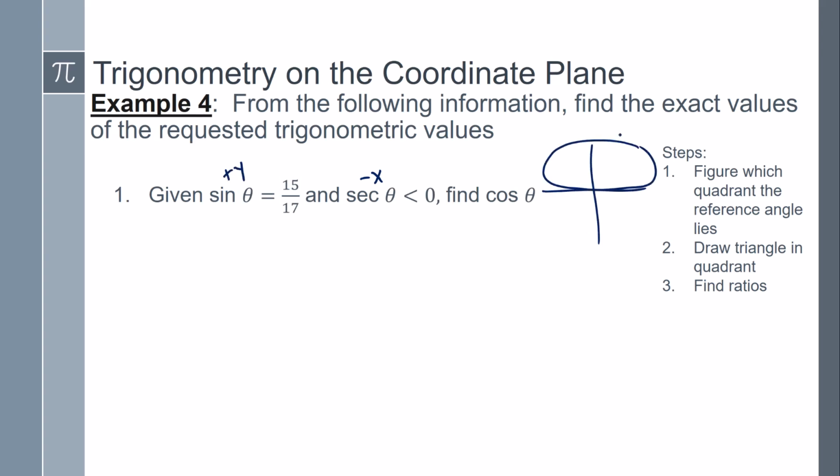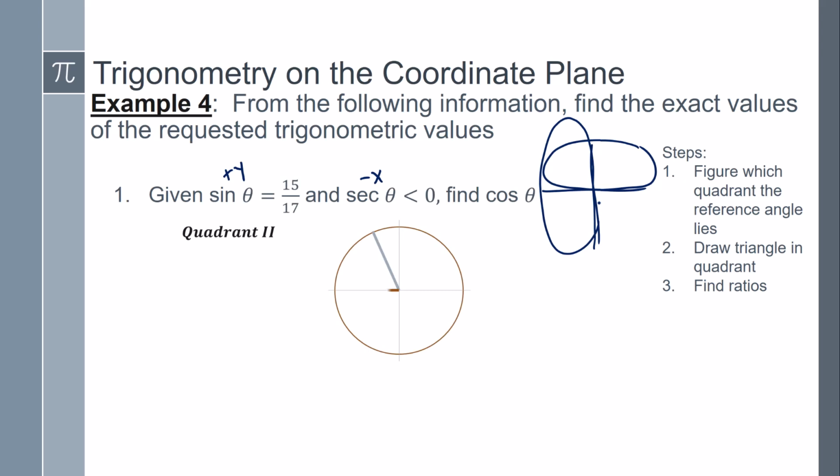My secant is negative here, so that means it's going to be in quadrant 2. So that's where I'm going to draw my reference triangle. You're going to draw it in quadrant 2 and label it. We know that this is opposite over hypotenuse.